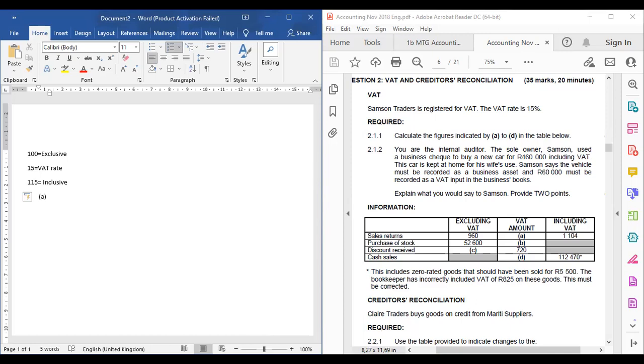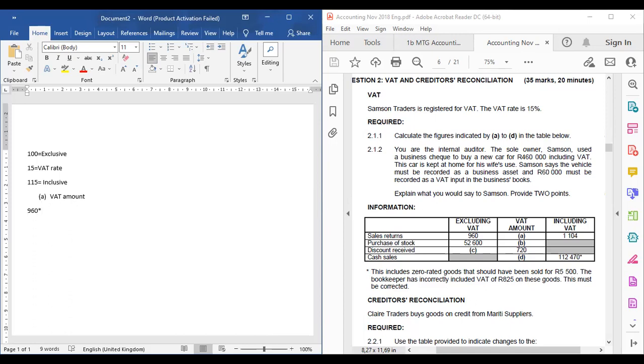So A, to calculate A, we're looking for the VAT amount. Right. When we're looking for the VAT amount, we're given the excluding amount and the including amount. So using the excluding amount, 960 times, you ask yourself, what am I looking for?